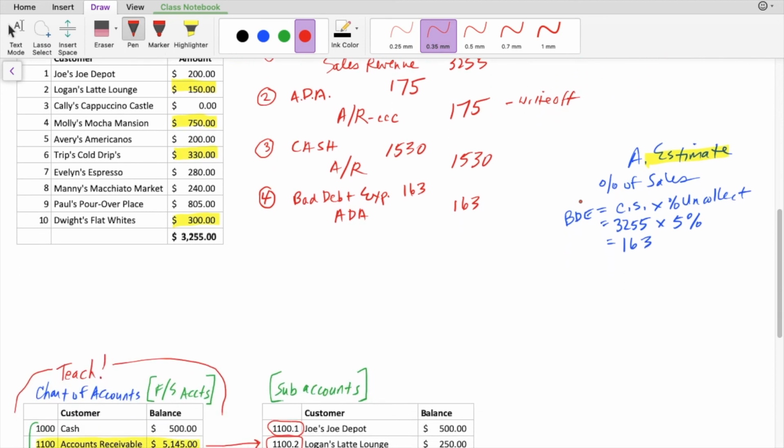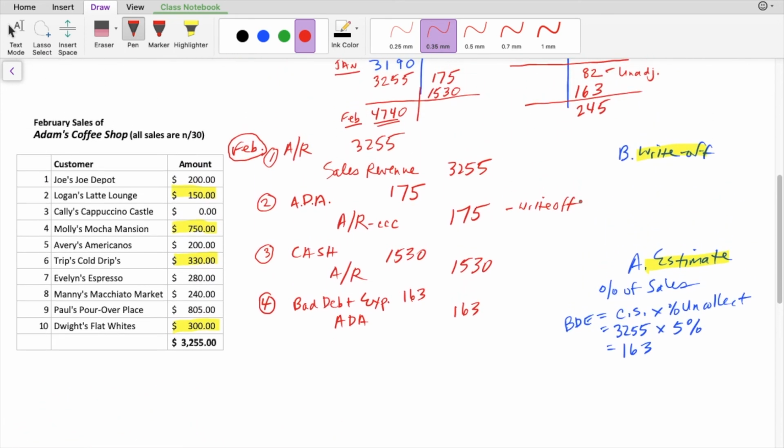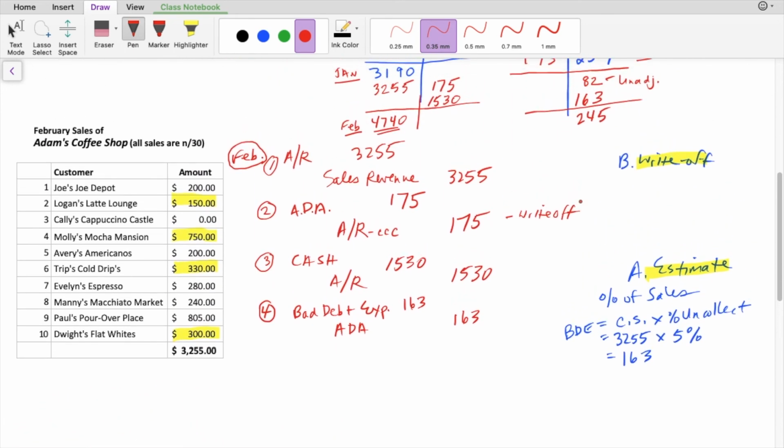So, looking at the balance sheet, what would this look like at the end of February? We'll try to squeeze it in here at the bottom. On my balance sheet, I would have assets, and I would be looking at current assets.